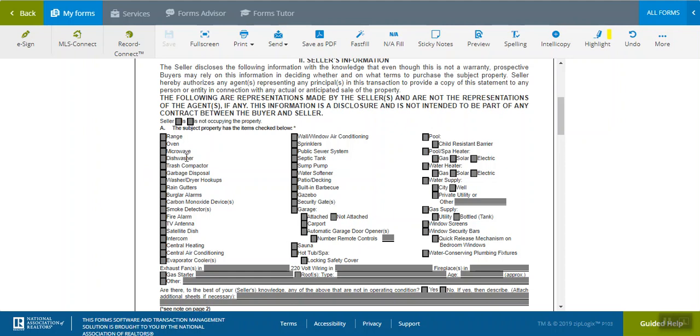Other items they need to mention in this part are the type of roof and its age, and answer questions whether they are aware if any of these items marked are not in operating condition. If the answer is yes, they need to provide an explanation.